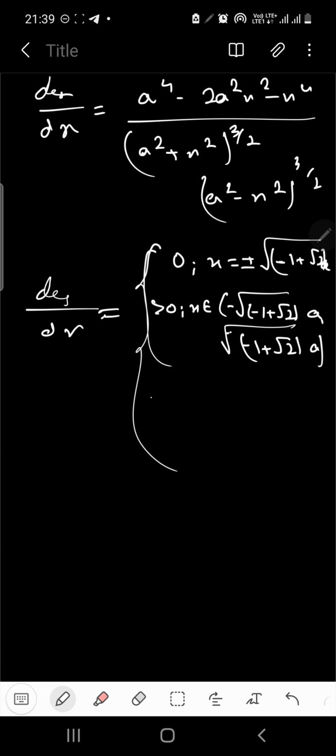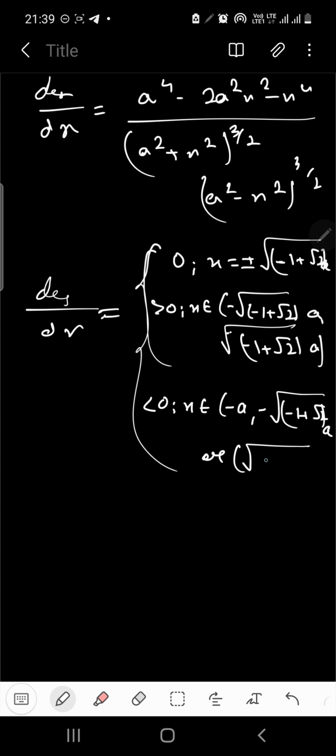Similarly, it is less than 0 when x belongs to the interval minus a, comma, minus root over of minus 1 plus root 2 times a, or root over of minus 1 plus root 2 times a, comma a. Clear? These are the intervals which you are getting.